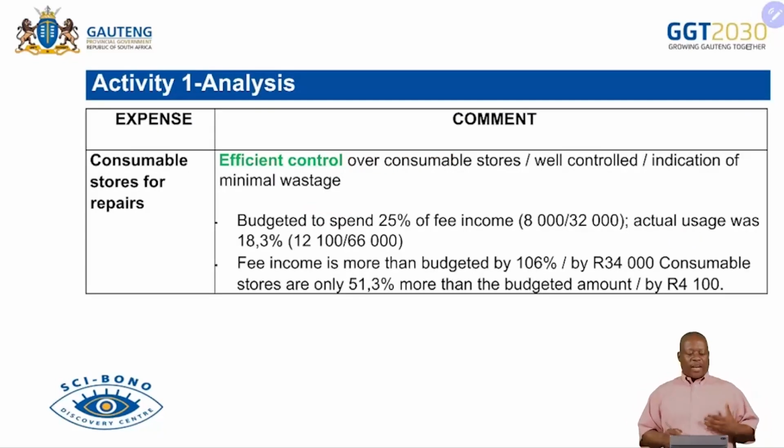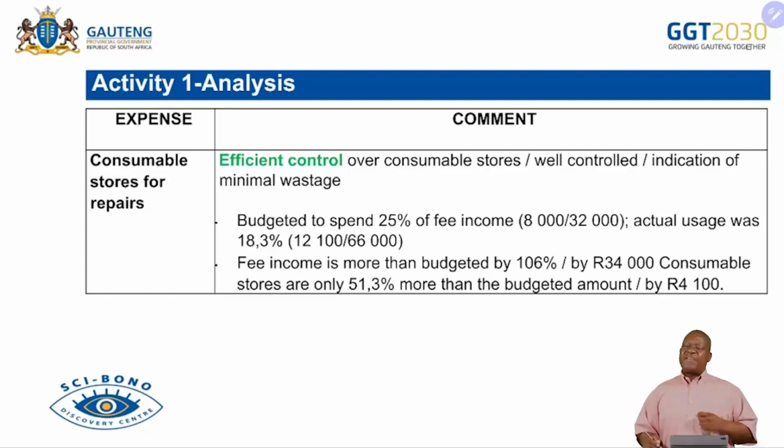So let's look into consumable stores for repairs. Please take note, when it comes to consumable stores, there was an increase, of course, from 8,000 to 14,100, but that was not as much as the increase in the income that we are deriving from that.